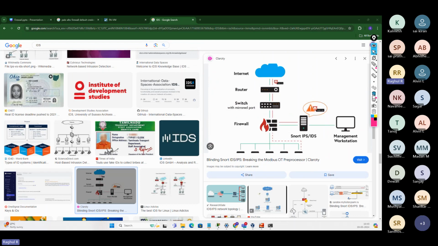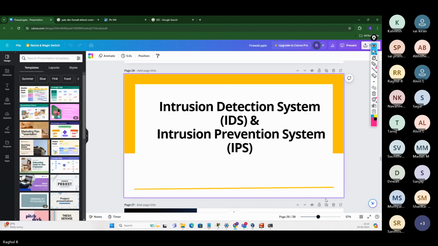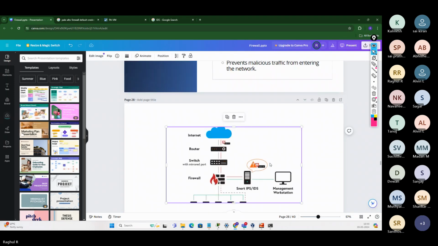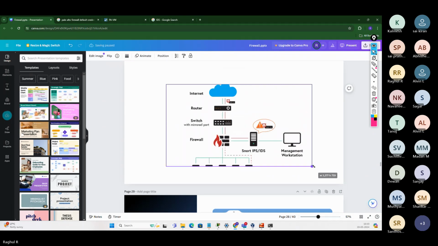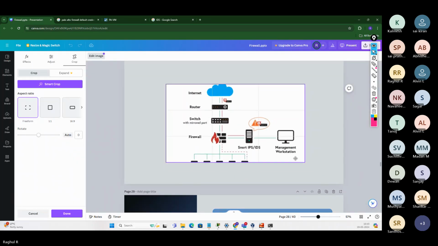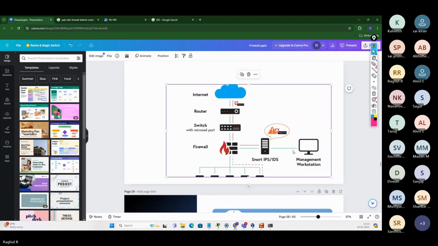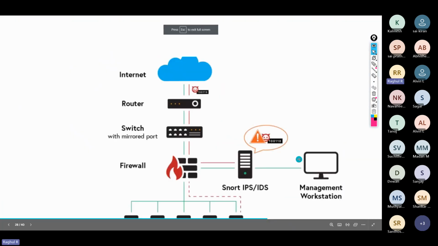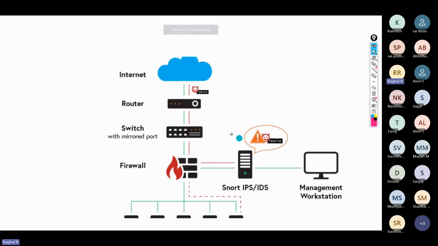So this is also a good topology. So you can see the router is connected to the internet, and the router is connected to a switch.